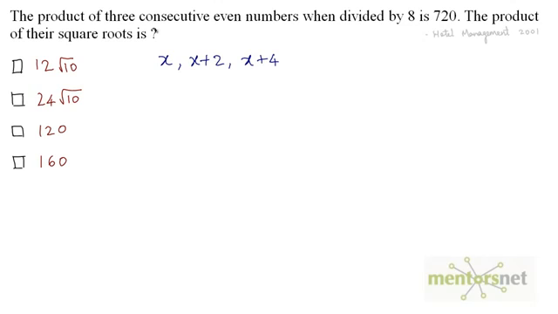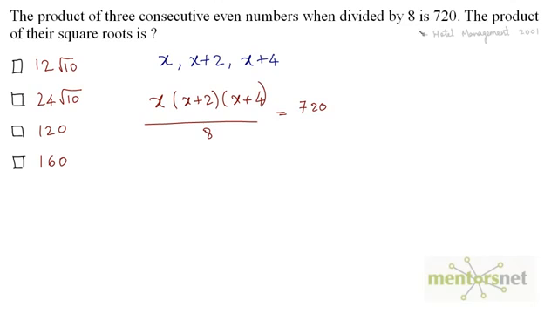Now when the product of these 3 consecutive even numbers is divided by 8, that is x times x plus 2 times x plus 4 divided by 8, it will give you 720. So what is the product of their square roots?